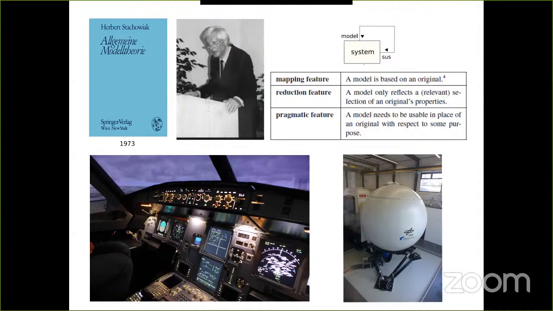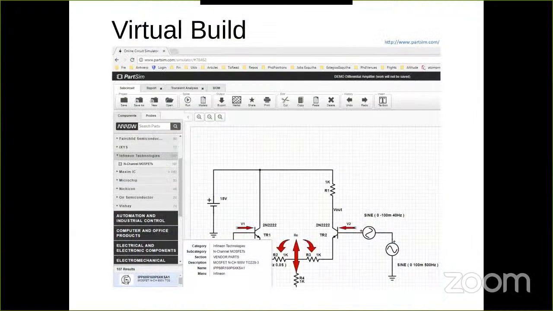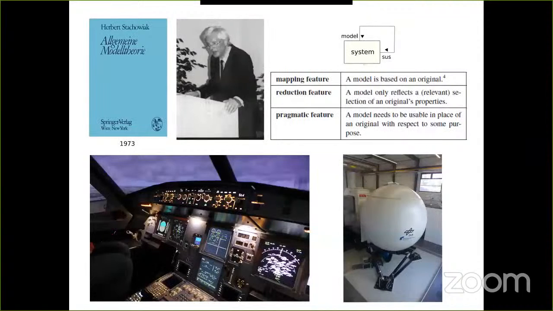Okay, now maybe to jump ahead. This is a model, in this case used for the purpose of training, a model of a real airplane. And of course, what is simulated is the environment, the environmental conditions, the flight dynamics of the plane.